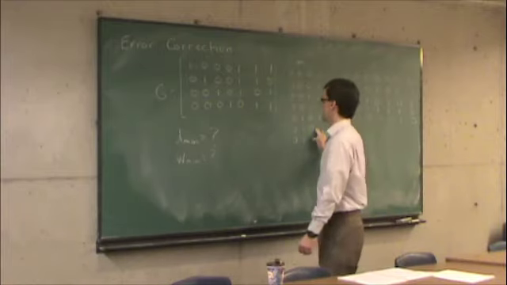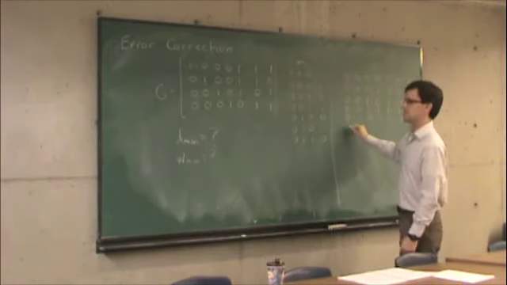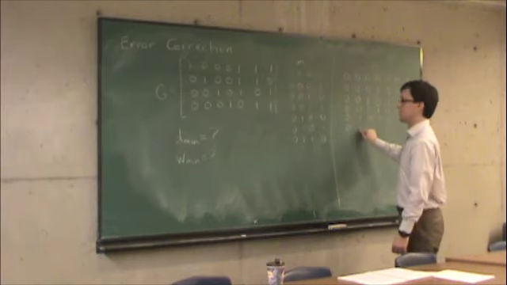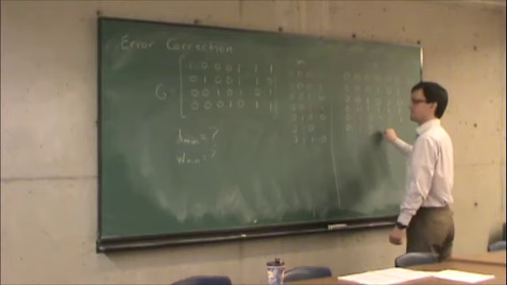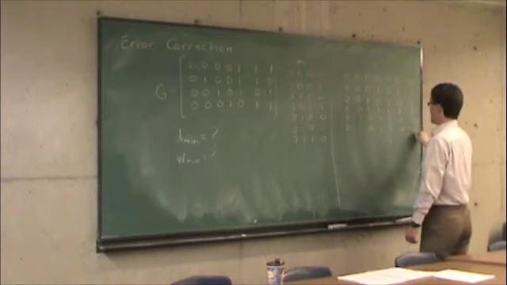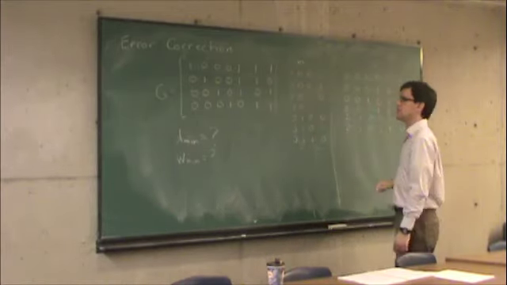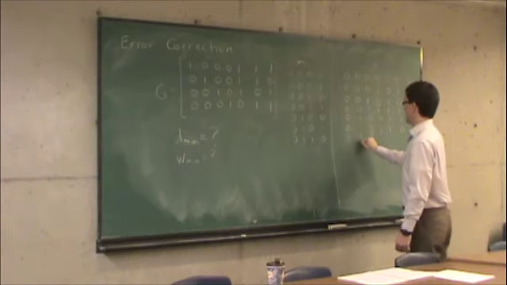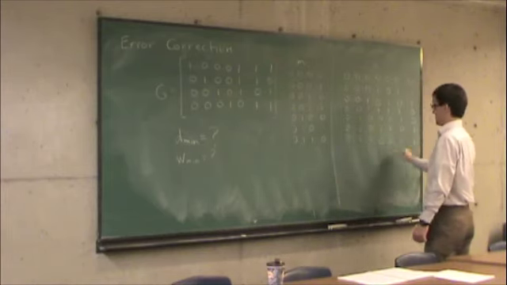Here I take the mod 2 sum of the second row and the fourth row, so that's 0, 1, 1, 1, 0, 1. Here I take the mod 2 sum of these two rows, 0, 1, 1, 0, 0, 1, 1, and so on.